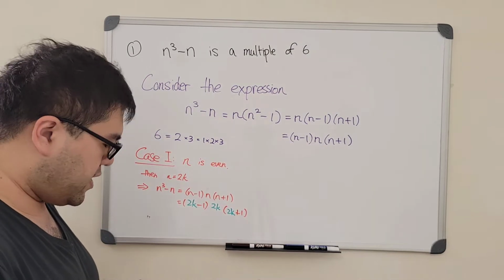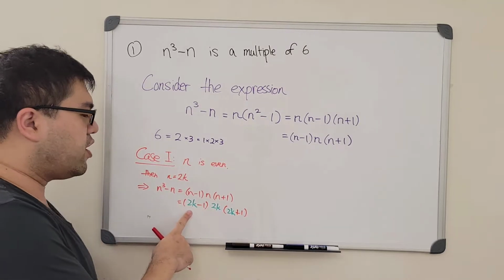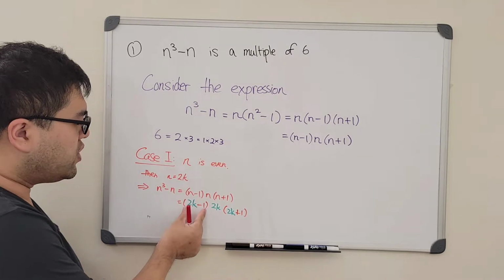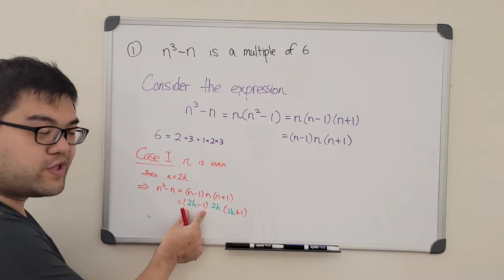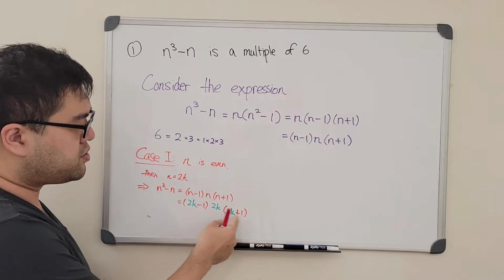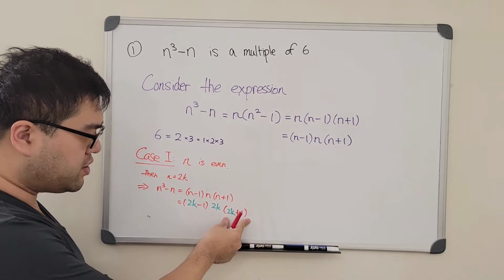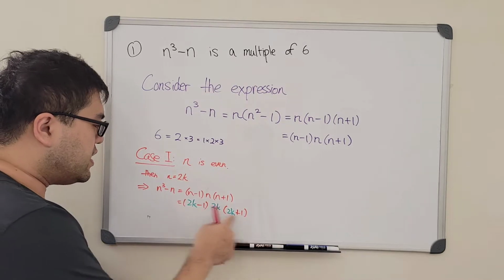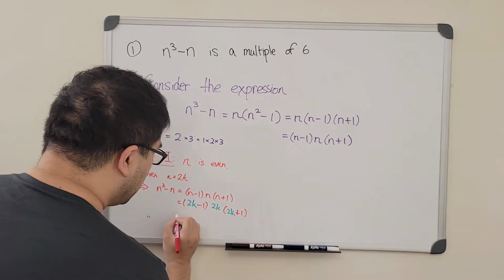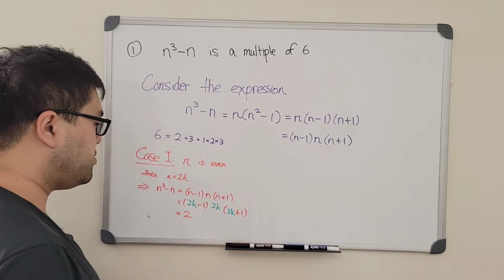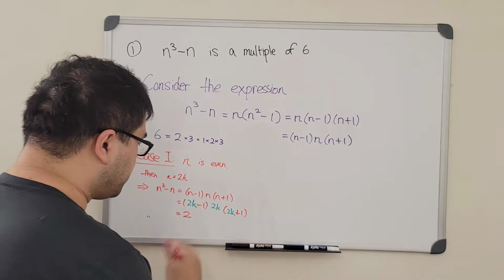Nice. And recall that k is an integer. We know that 2k minus 1 is an integer, k is an integer, 2k plus 1 is also an integer. It means that this whole thing is equal to 2 times some big integer.